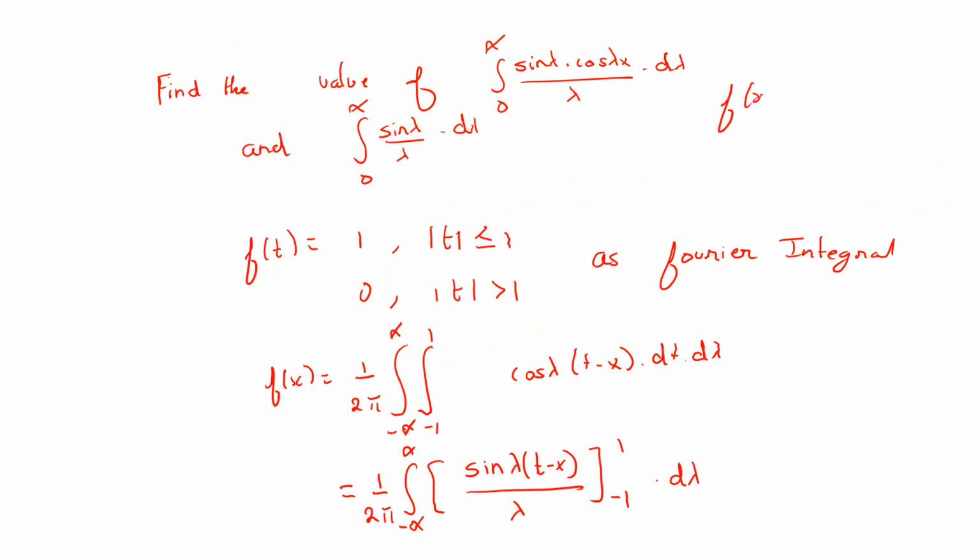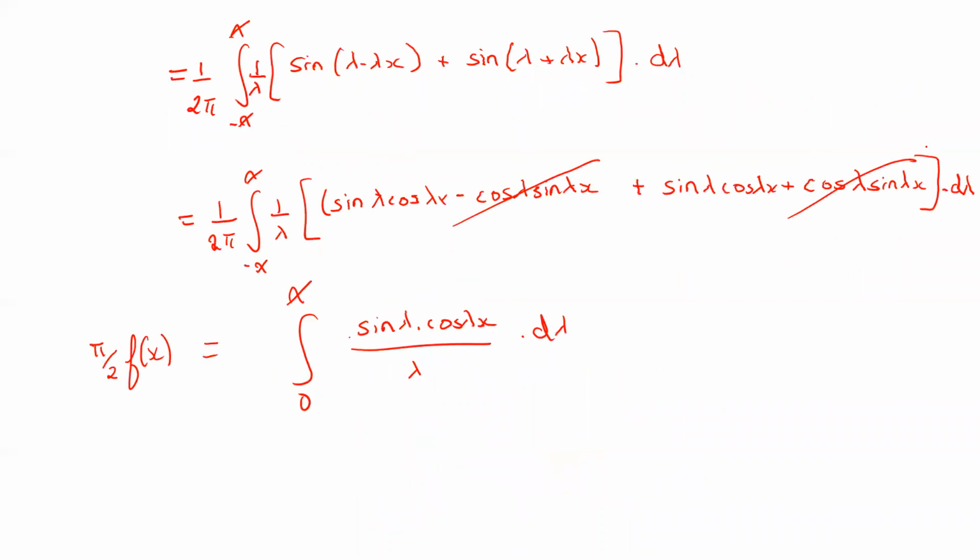F of x was 1 when mod x was less than or equal to 1, and it was 0 when mod x was greater than 1. So we have evaluated this integral.